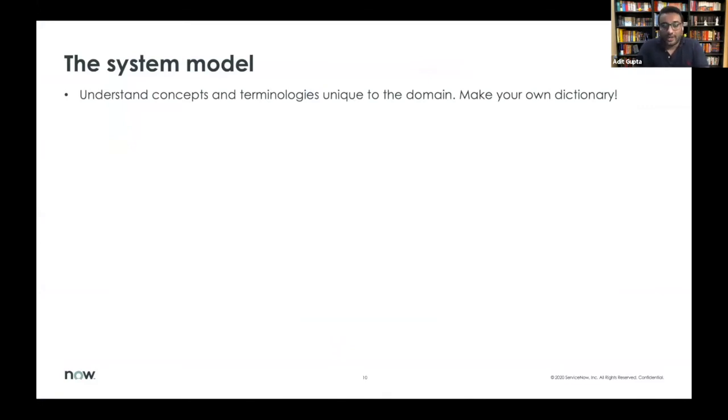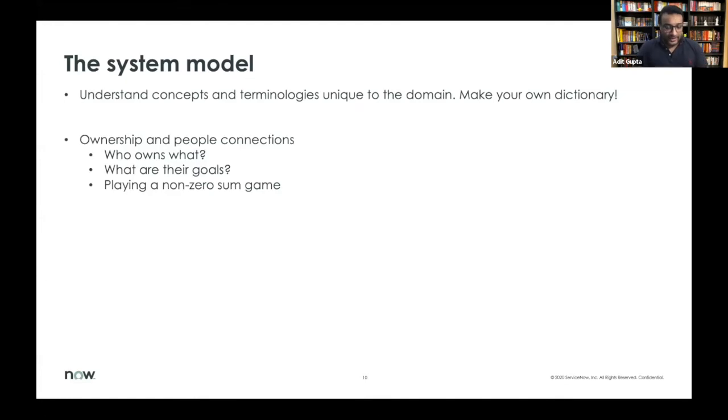You will in fact be bombarded with that. So what I suggest is to make your own dictionary along with examples. You can work with subject matter experts, and you can work with your peers and understand these terminologies well, so that you don't have any confusions later.